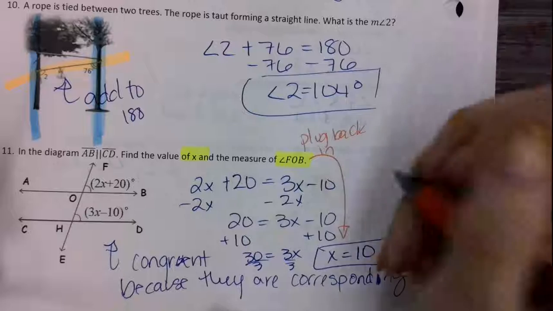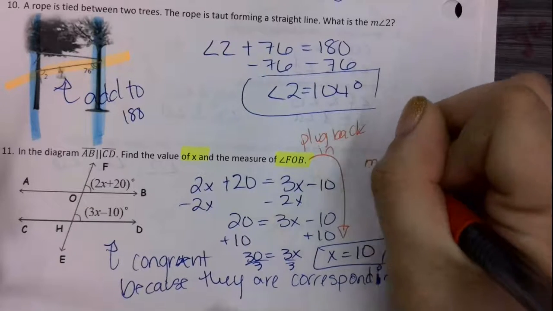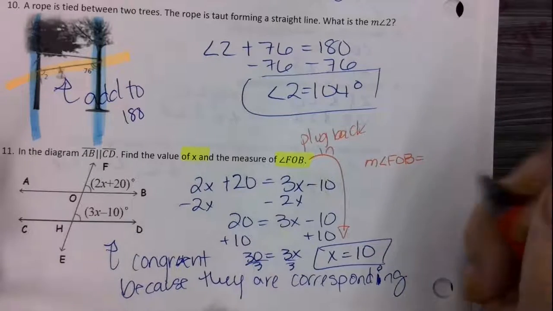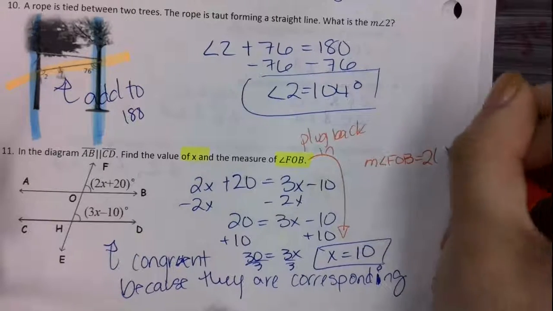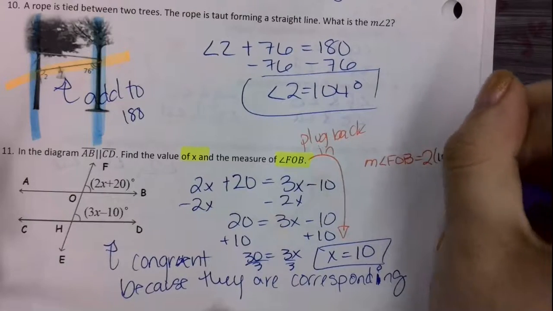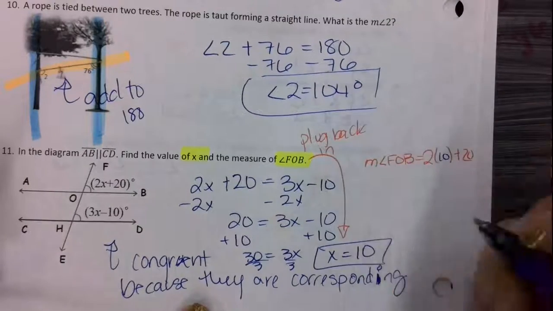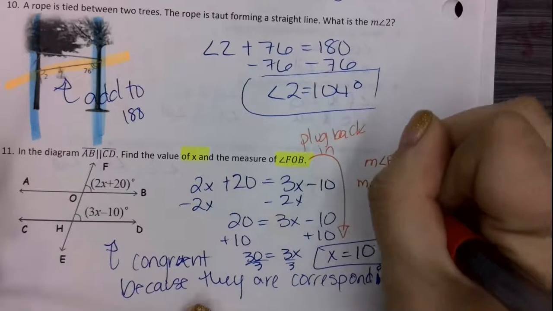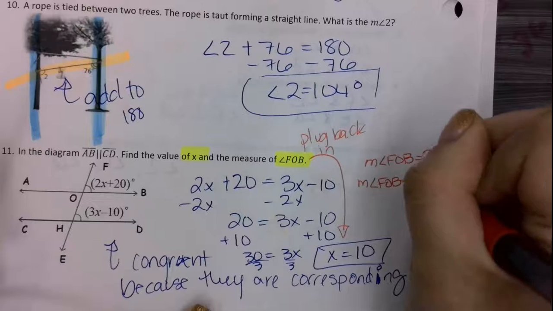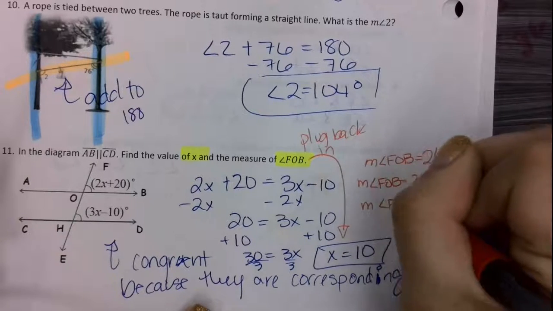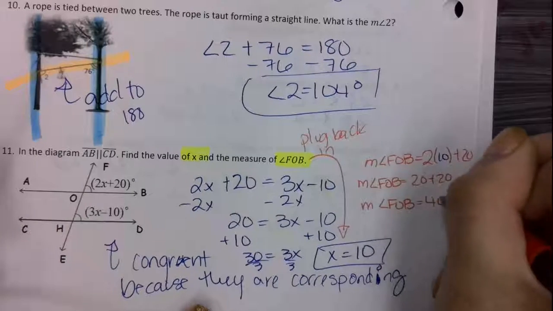So 2 times 10. Measure of FOB equals 40.